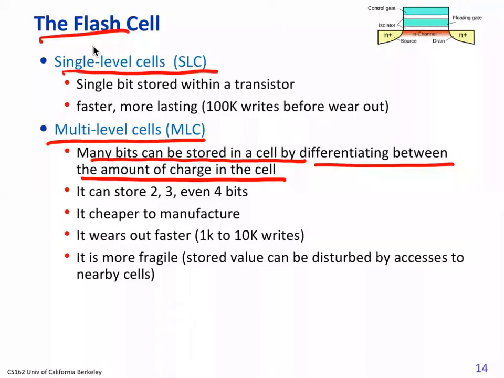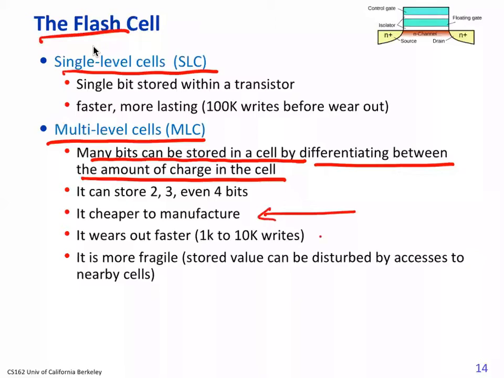It means that for 2 bits it will have 4 levels, for 3 bits it will have 8 levels of charge. So if charge is there, it can be measured, the amount of charge, and based on that we can find out whether 00 is stored, or 01, or 10, and so on. Okay, so multi-level cells are cheaper to manufacture.